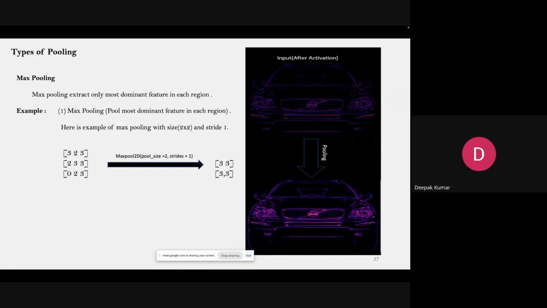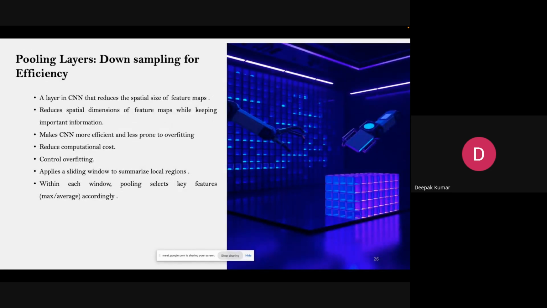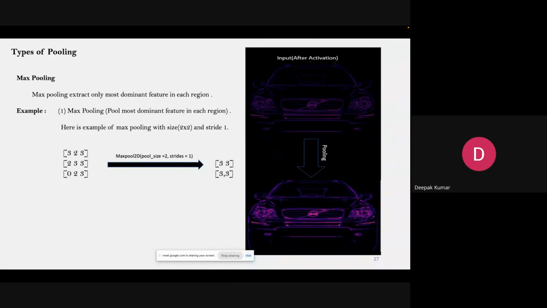So pooling is simply, as its name suggests, we consider a grid from the output of the previous operations, usually a convolution and activation function, right? We select a set of these.